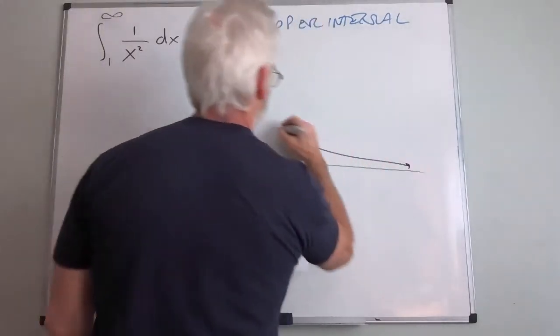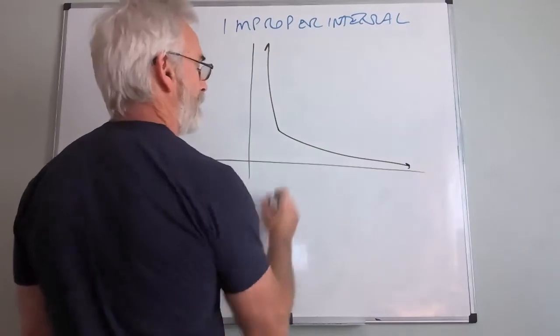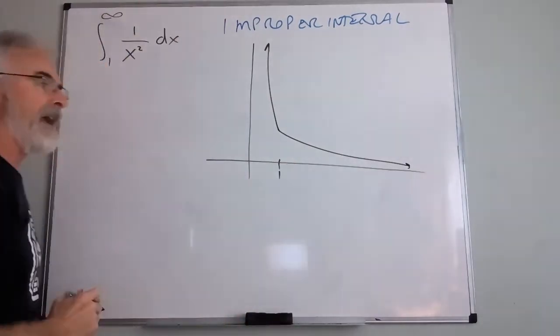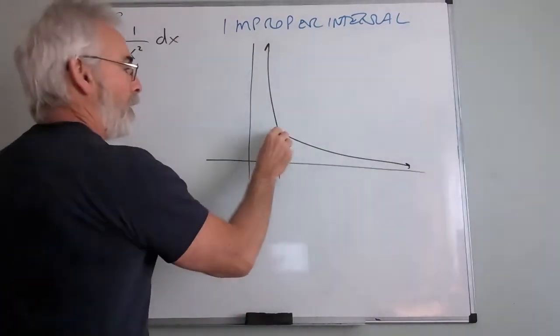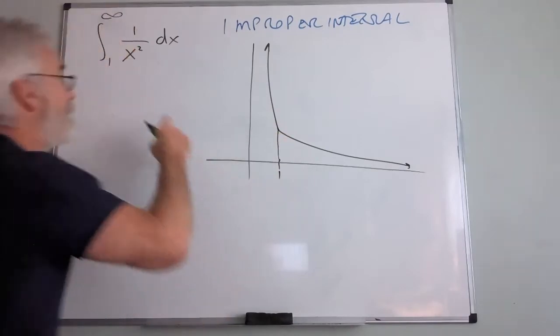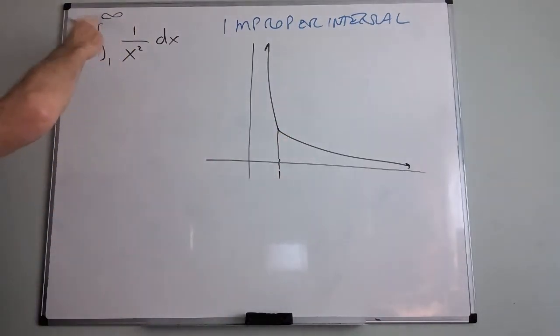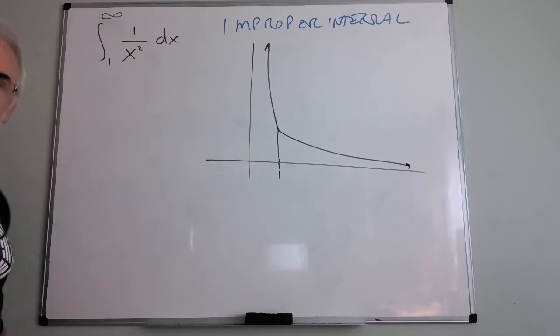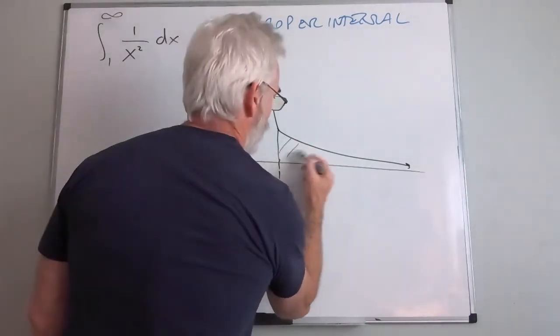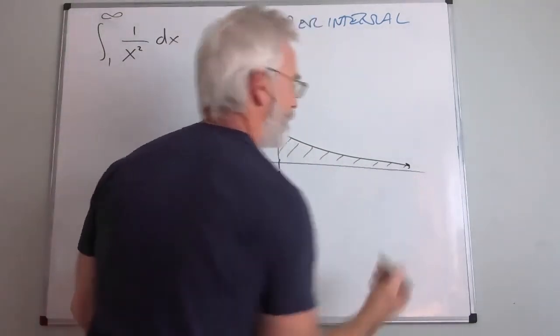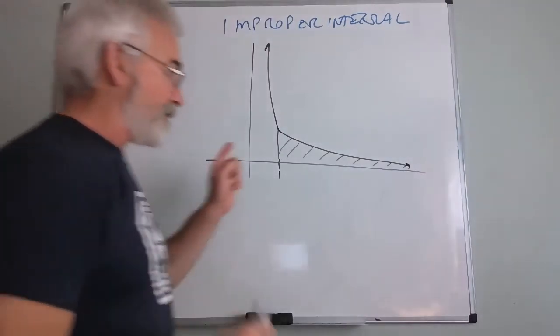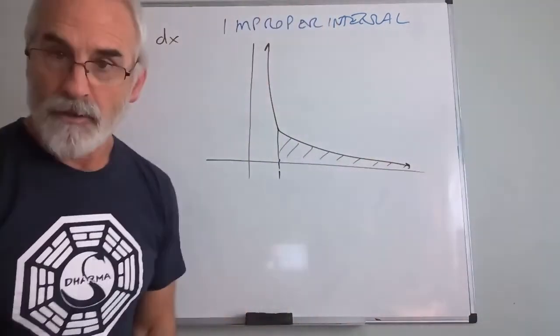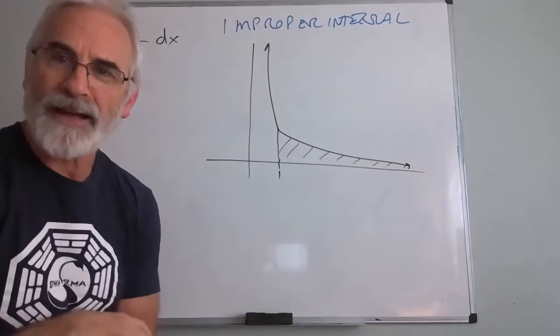So it looks something like this, and that would be 1. And I'm asking you, technically, what is the area below the curve? So I'm actually asking you to calculate that area. Now, it is true that it goes forever, but that makes this problem actually not that terrible.